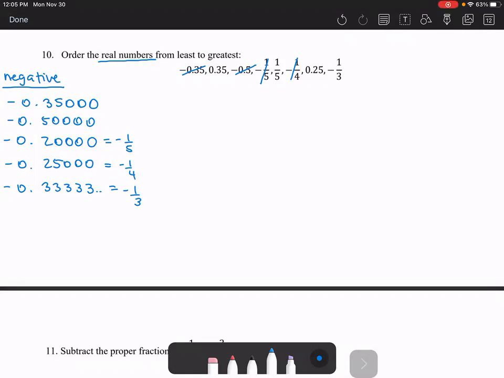And then I'm going to do the same thing, writing out our positive numbers as decimals.